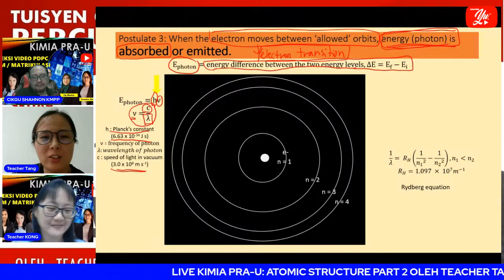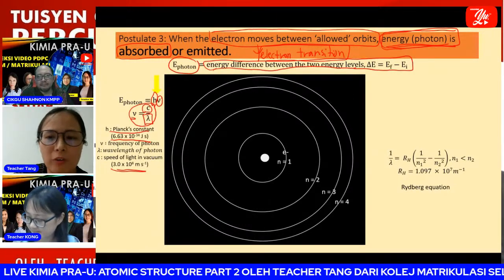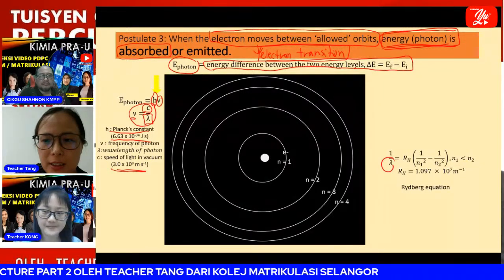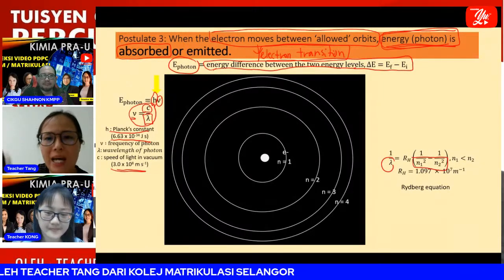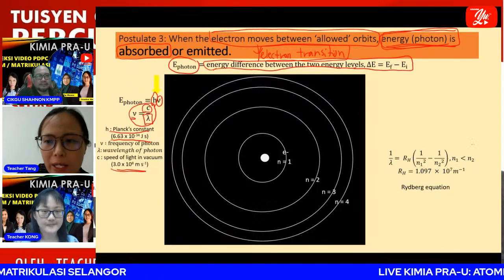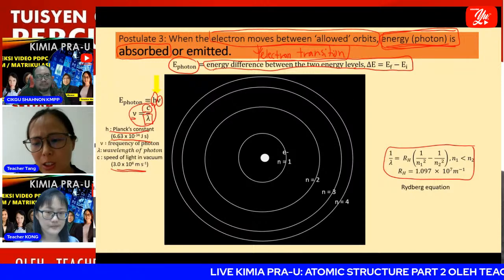So if we have the wavelength of the photon, we can also determine the electron transitions between which two energy levels. This equation we call the Rydberg equation. Be careful with this equation.